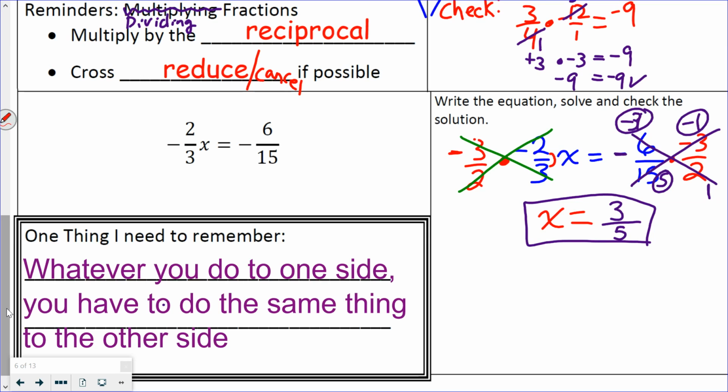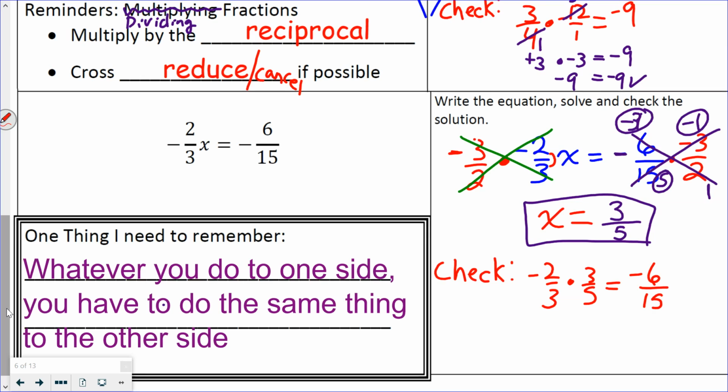Okay. Next thing, check the work. Now, because I noticed my negative 6/15 here is not reduced, I'm actually not going to cross cancel my negative 2/3 times 3/5. I'm just going to go ahead and multiply across.